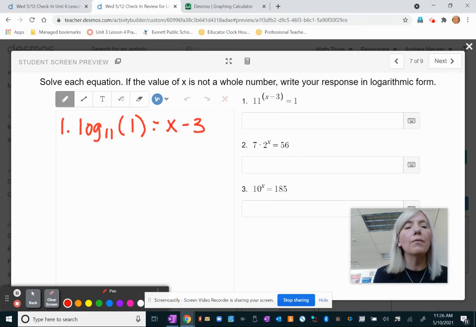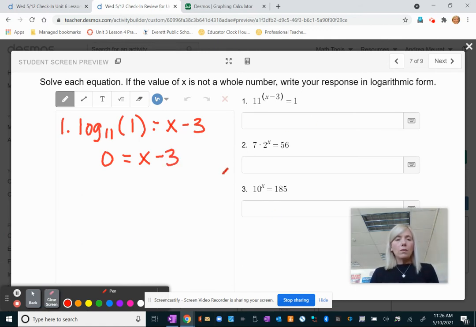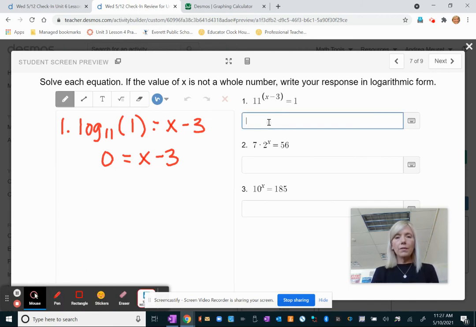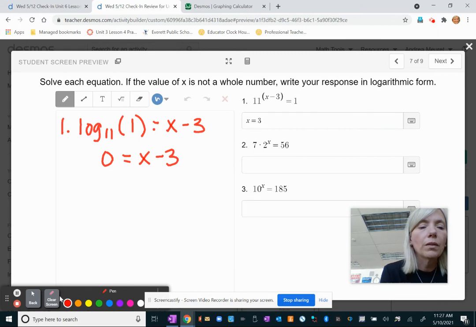I know log base 11 of 1 is 0, because any number to the 0 power is how you get 1. So if 0 equals x minus 3, then I just add the 3 to get x by itself. And that tells me that x is equal to 3. Okay, so just adding the 3.